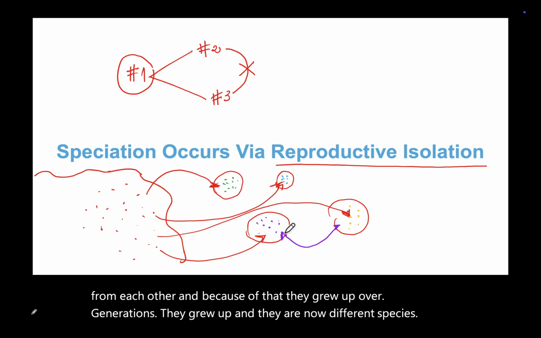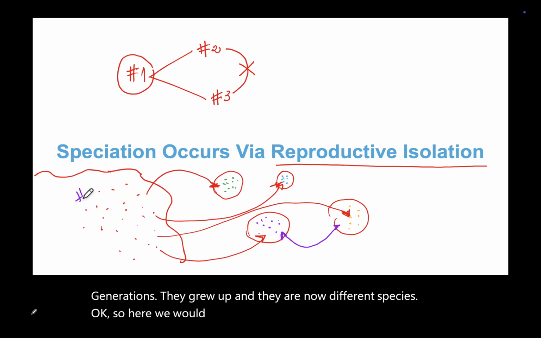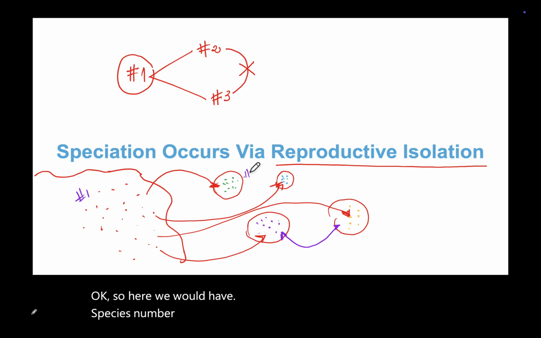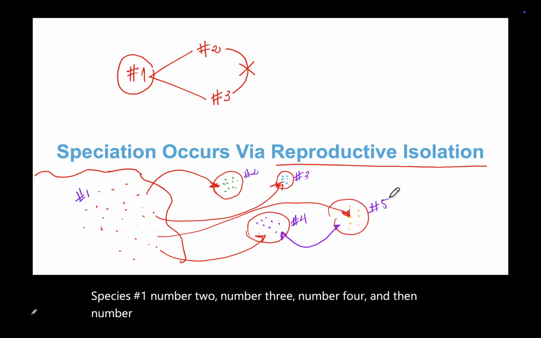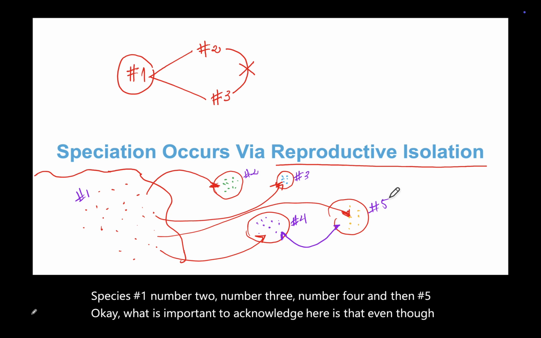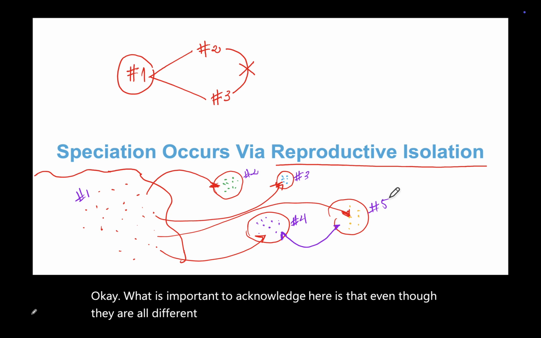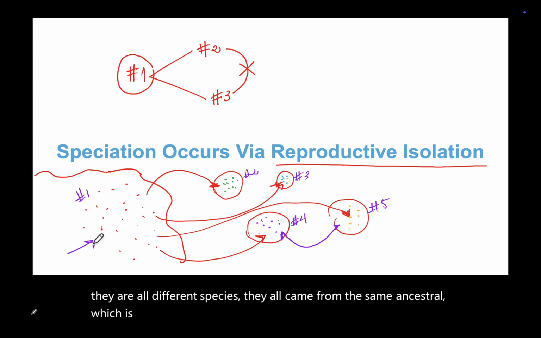So here we would have species number 1, number 2, number 3, number 4, and then number 5. What is important to acknowledge here is that even though they are all different species, they all came from the same ancestor, which is located right there.